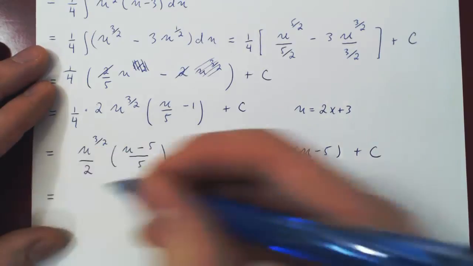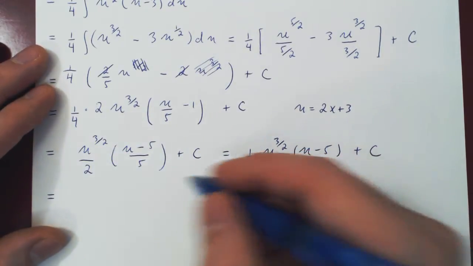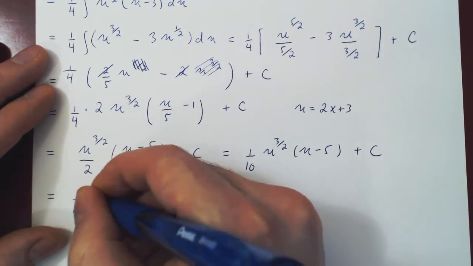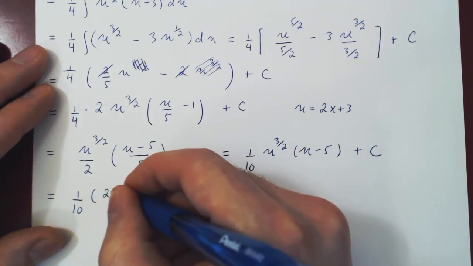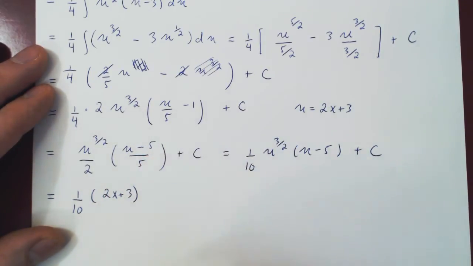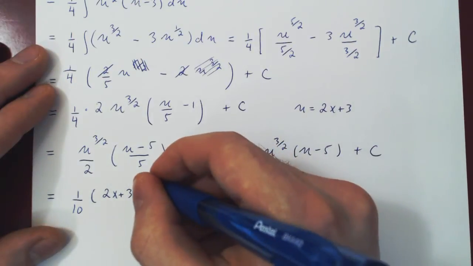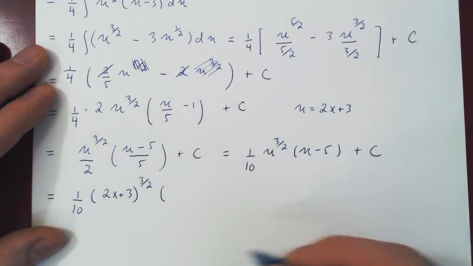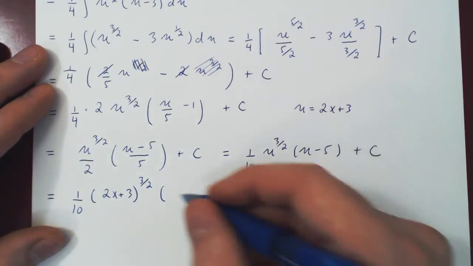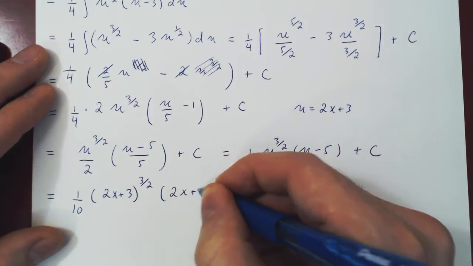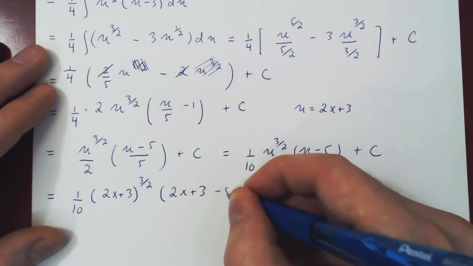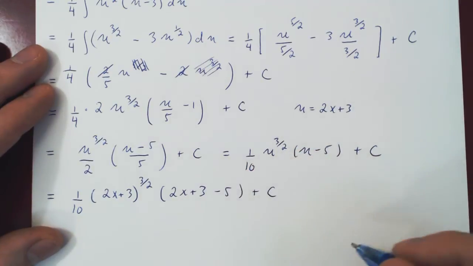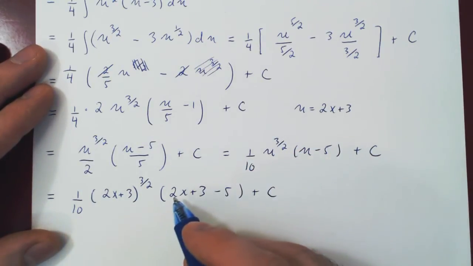So replacing: 1 over 10, u, which is 2x plus 3, to the power of 3/2, times u, 2x plus 3, but it's u minus 5, plus c.